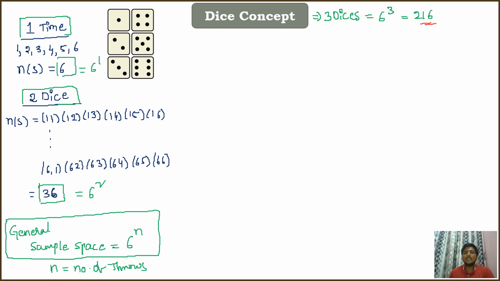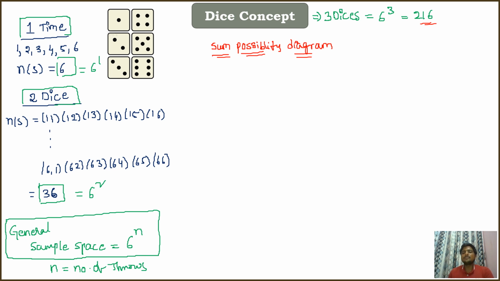Now have a look here. In this dice concept, we should remember one small concept, that is the sum possibility diagram. These sum possibility diagrams are very important. With this diagram, we can solve a number of questions.